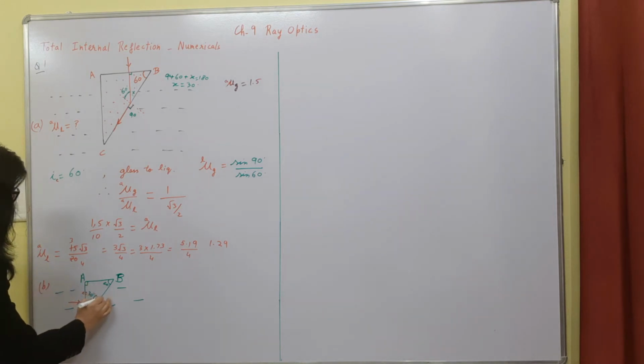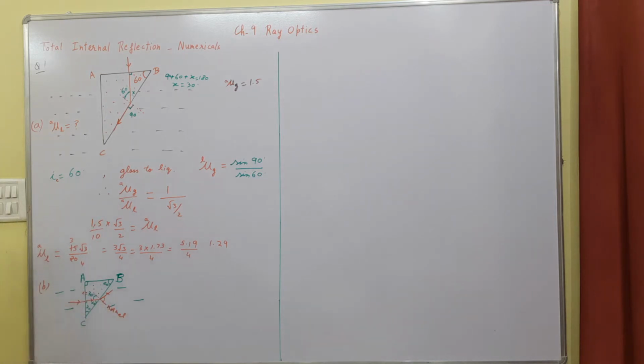So it will go out from this prism in the liquid and it will move away from the normal. This is the normal. Right? So this was this question. Let's take another question.